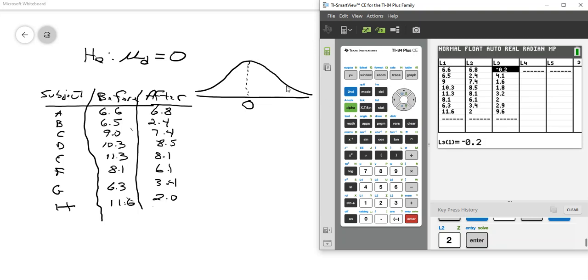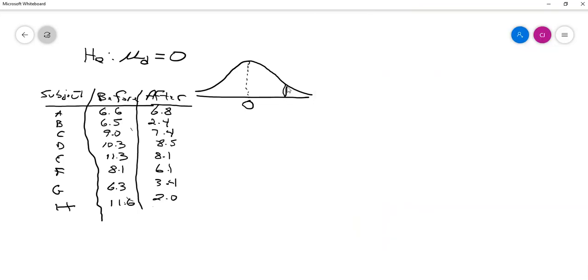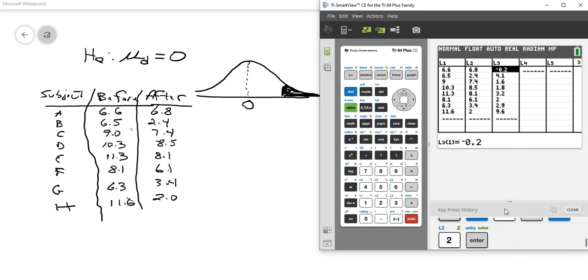Now, I'm going to put this over here. Why am I doing this? Why a right-tailed test? Well, we know why a one-tailed test, right? It's better. Why a right-tailed test? It basically depends on the software, the calculator, whatever you're using. But I put this in as L1 minus L2.